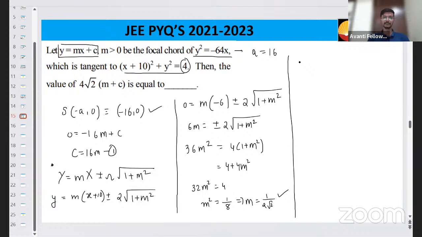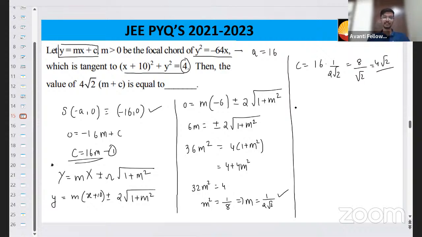What is the value of c? C is 16 into 1 upon 2 root 2, as you can see from equation number 1. So it is 8 by root 2. If we rationalize, multiply and divide by root 2, we'll get 8 root 2 upon 2, which is 4 root 2.